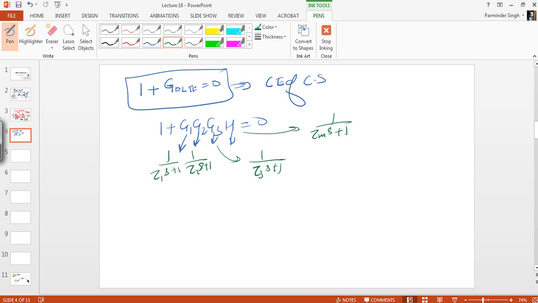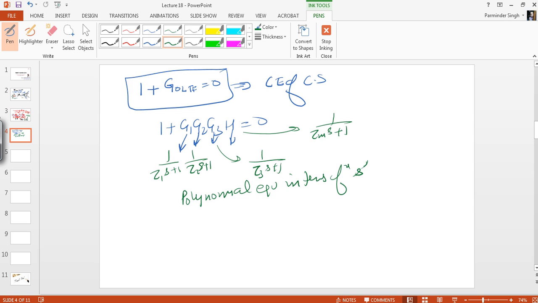All these get multiplied, and what do we have? We have a polynomial equation in terms of S.